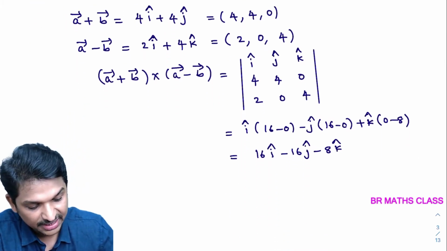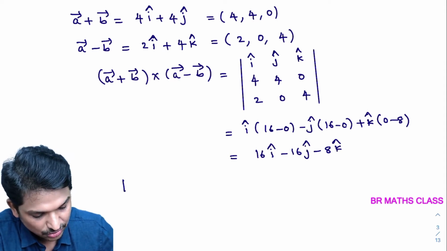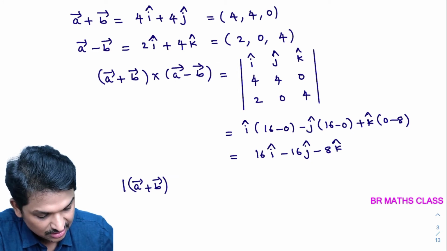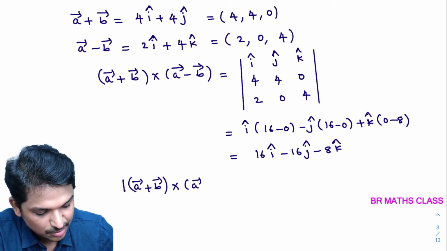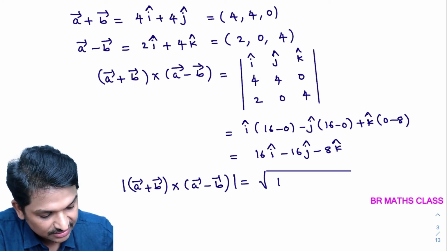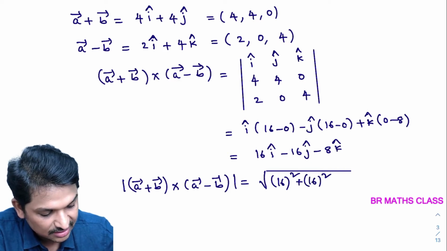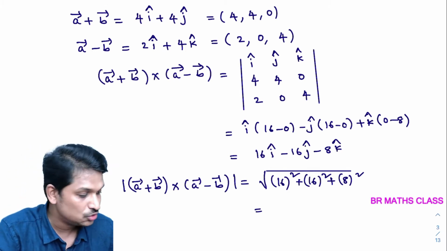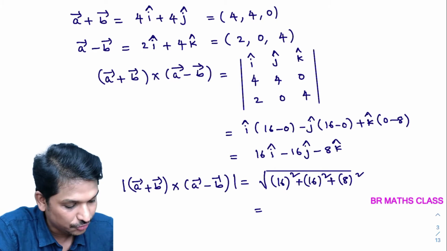Magnitude of A bar plus B bar cross A bar minus B bar equals root over 16 square plus 16 square plus 8 square, that equals root over 256 plus 256 plus 64, right?